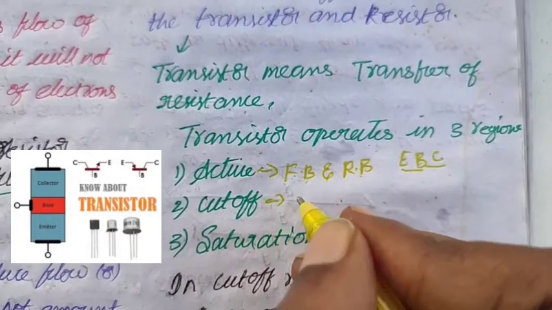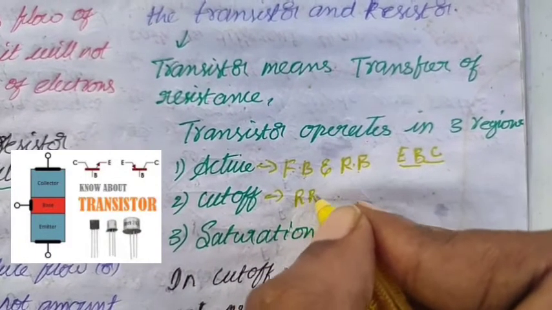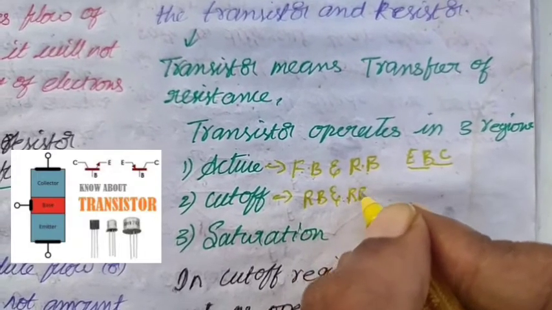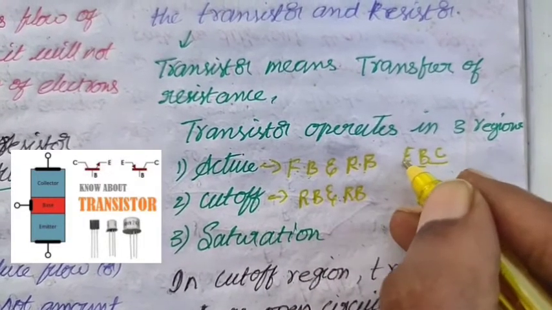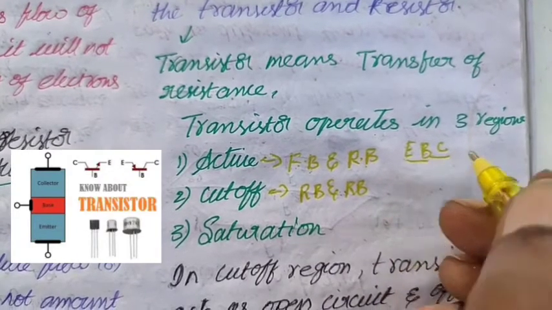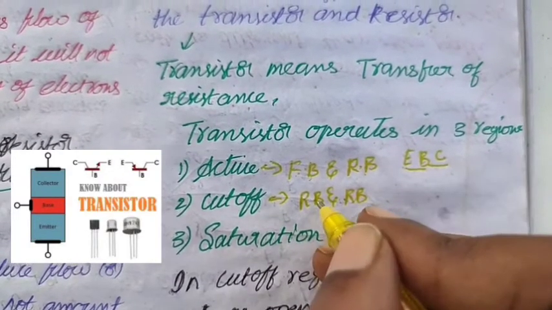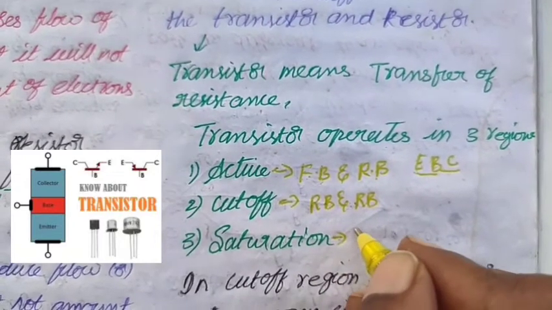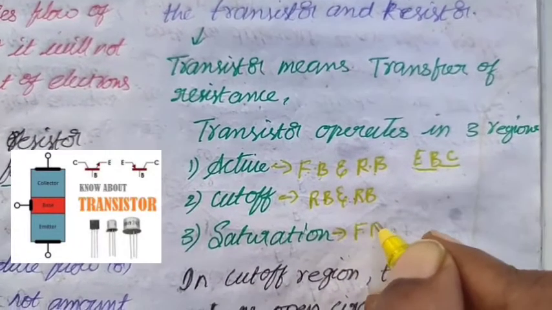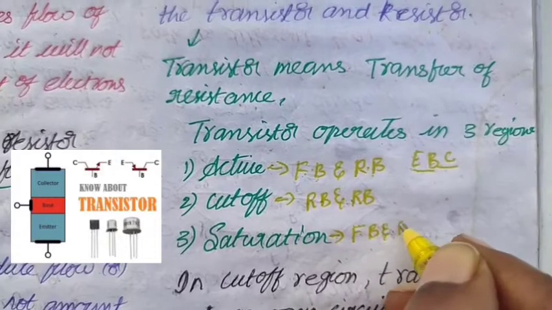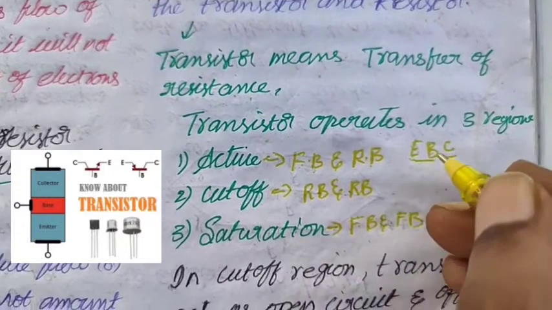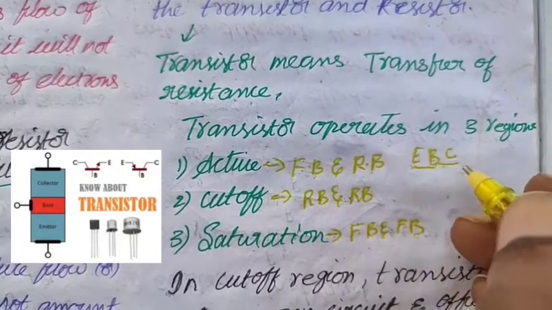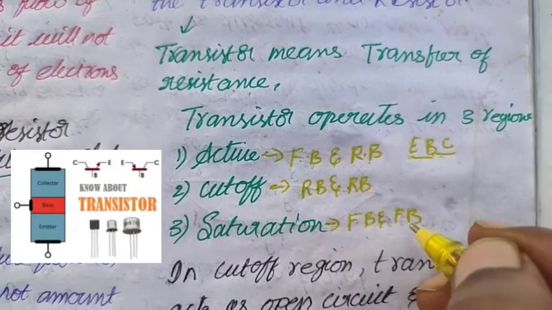Next, cutoff means both directions are reverse biased, that is, the emitter-base junction and the base-collector junction are reverse biased. Next is the saturation region, where both junctions are forward biased: the emitter-base junction is forward biased and the collector junction is forward biased.